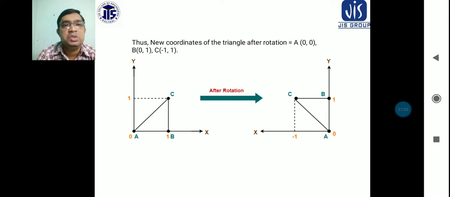A is at (0, 0), and B is at (0, 1), meaning x is 0 and the movement is along the axis to 1. The C coordinate is found here, where 1 is positive and minus 1 is negative.